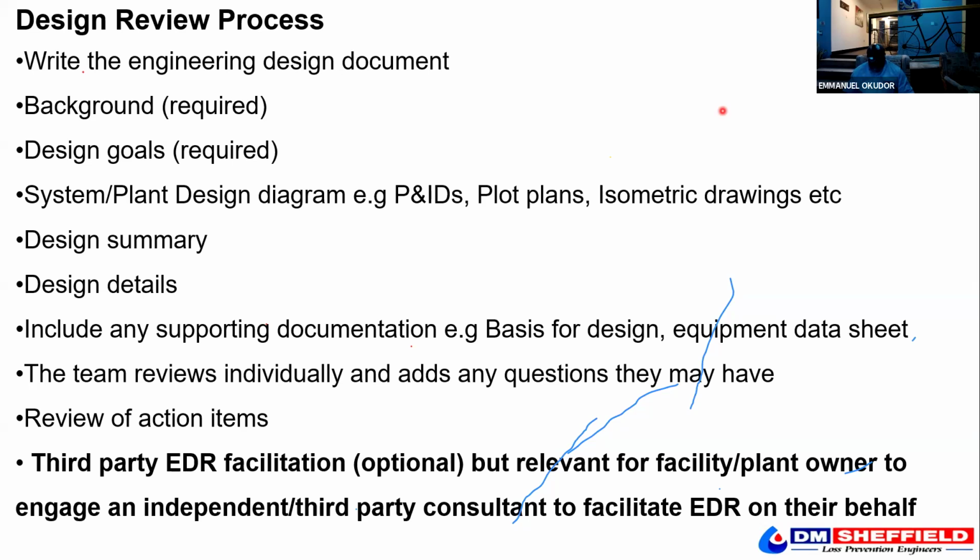We need the piping and instrumentation drawings, the plot plan, isometric drawings. We need the basis for design before we come talking about engineering design review. Details of engineering, calculation sheets, sometimes simulation reports.